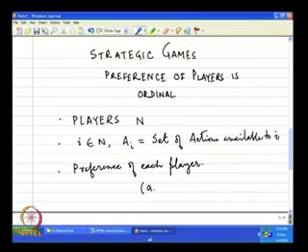It will look like this: a1, a2, dot dot, an, where there are small n number of players. Here, small ai belongs to capital Ai, which means that action ai has been taken by the ith player.